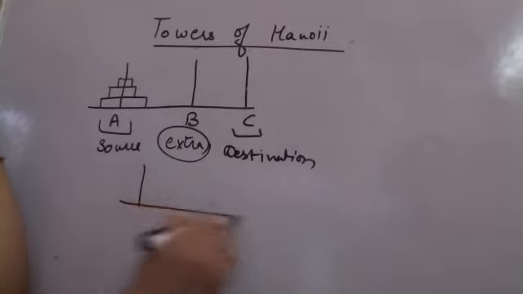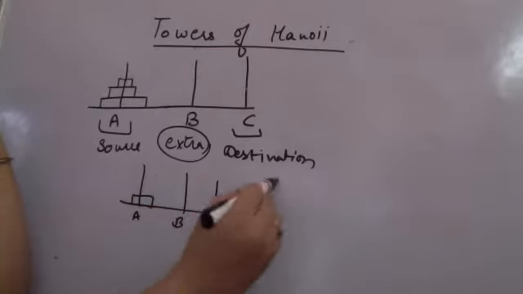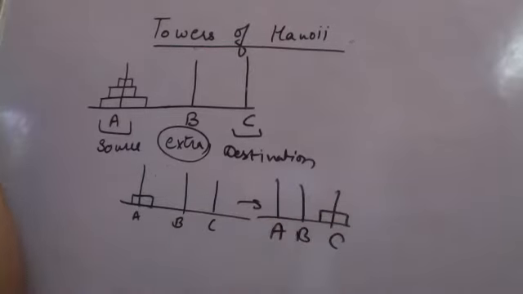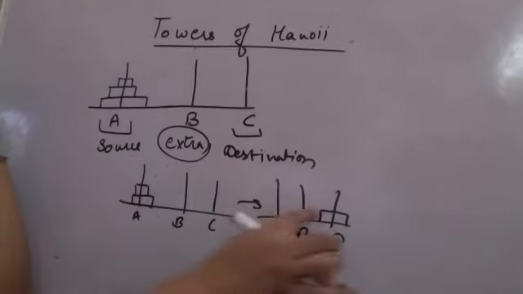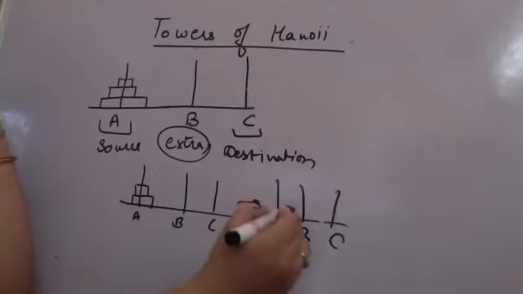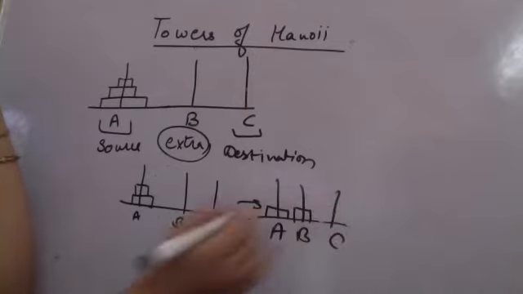In case A was having only a single disk, I could have simply shifted the disk from A to C and I would have reached the answer. In case A was having 2 disks, I could have shifted the top disk from A to the extra pole B. A still has the larger disk.